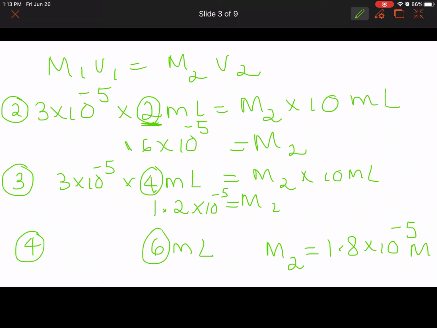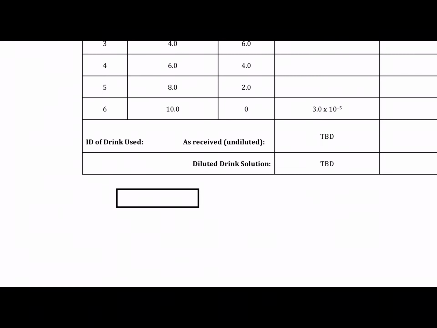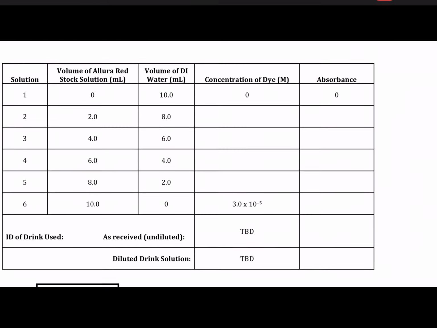Okay, so please do these dilution calculations using the dilution equation and see if you also get these numbers. Once you get these calculations for the concentration, you have to write them down in this table.